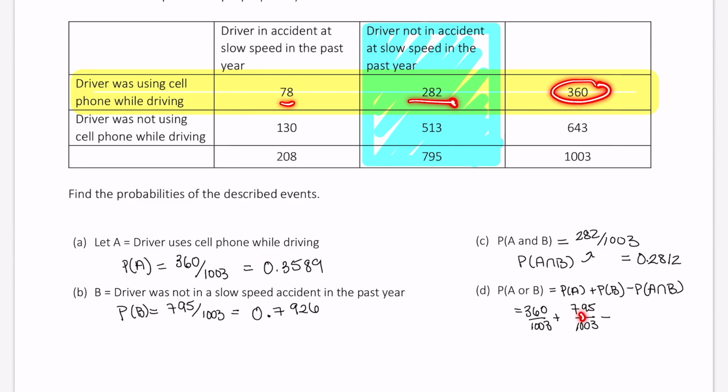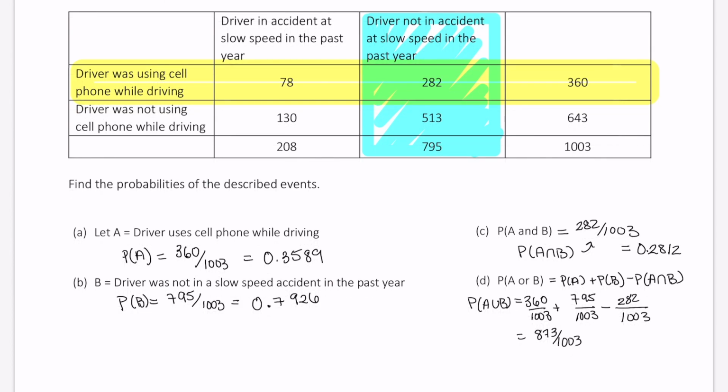When we add this 795 here, we're adding 282 a second time and a 513, which is why we're going to subtract it one more time. We're going to subtract 282 divided by 1,003. And what that is going to work out to be is 873 divided by 1,003. And this is the probability of A or B. And remember, this symbol here is equivalent to or.